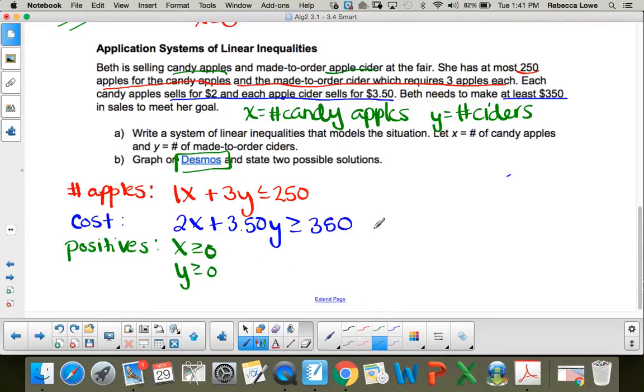So these two inequalities will be included in all of your linear programming problems. Basically, they're just telling you that you have to have positive answers. This tells you that your answers are always going to be in your first quadrant, which is that right-hand quadrant right there. So I graphed these on Desmos, and I'm looking for where the shading overlaps, and that will show us the combinations of candy apples and ciders that she can sell that will fit both of these criteria.